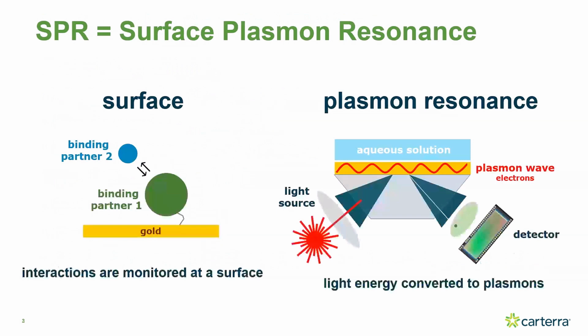The actual detection technology works as diagrammed on the right here. We have a laser-like light source that is focused in through the bottom of a prism that is coated with a gold layer, and then the other side of that gold layer is exposed to the analysis solution, the flow cell. The light is reflected off of the bottom of that gold layer and detected by a sensor.